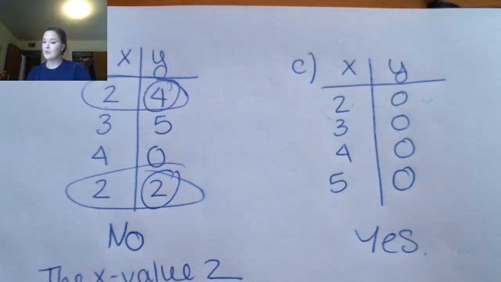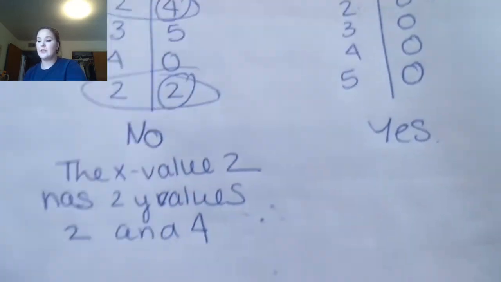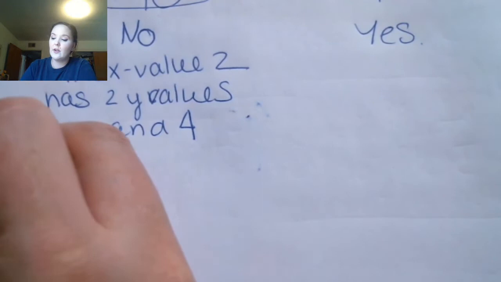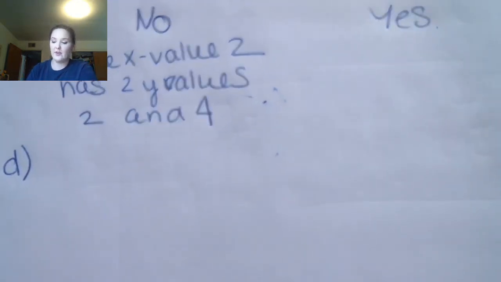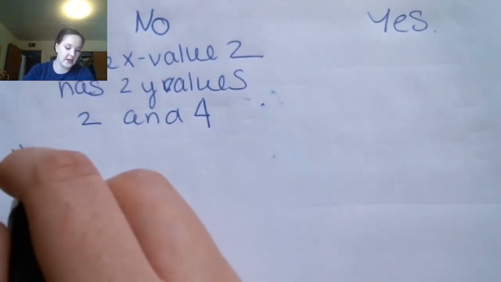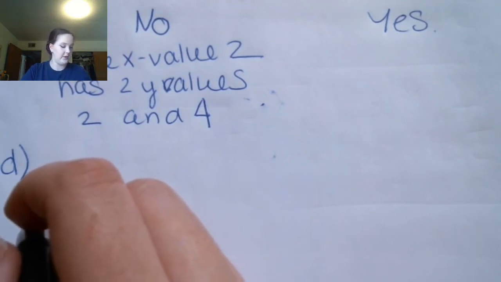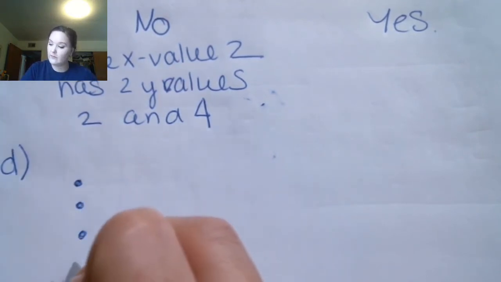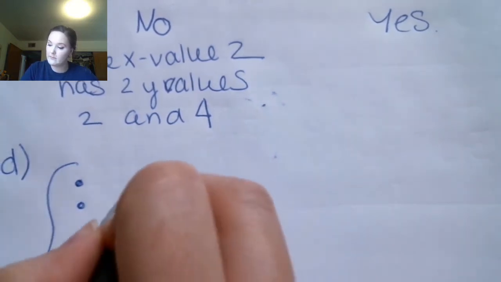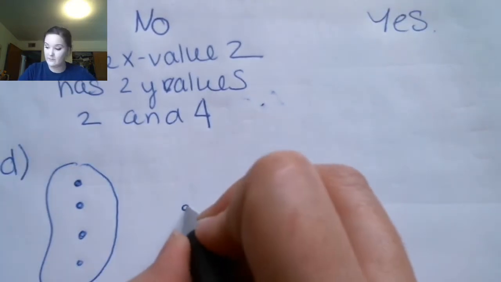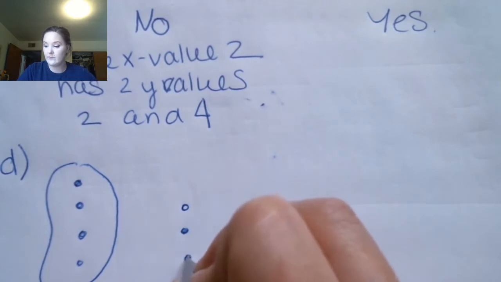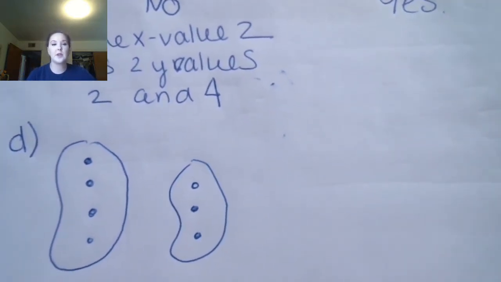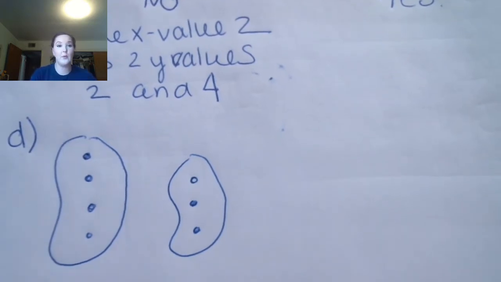Okay. All right. So let's ask the same question. Is this a function? But let's look at a different way to describe a function. We're going to look at a diagram. Now these little diagrams are just to describe input and output values.